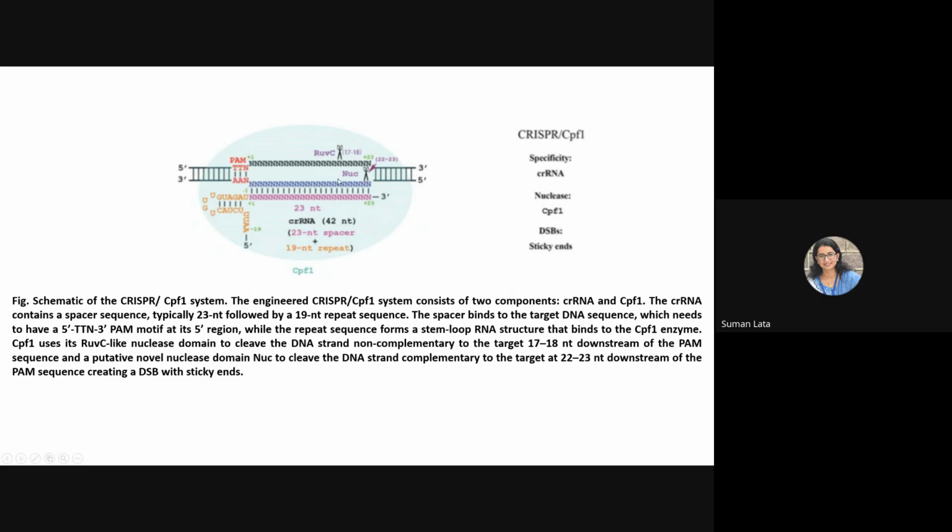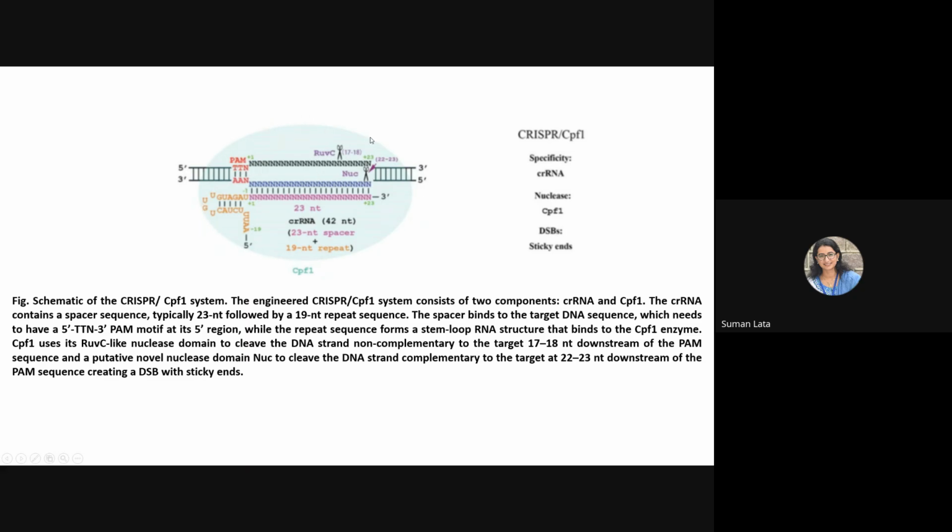This spacer binds to the target DNA sequence, which has the PAM motif, that is TTN at the 5' end, and this repeat sequence forms a stem loop structure which binds to Cpf1.